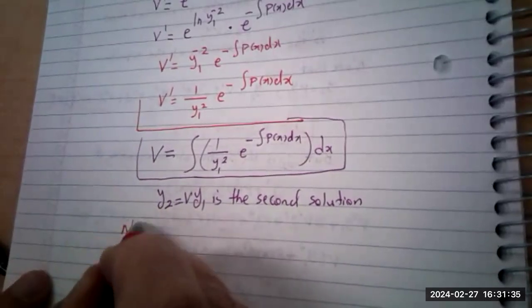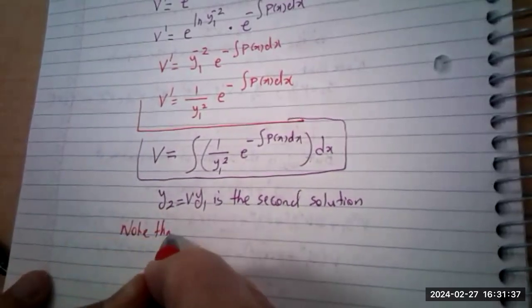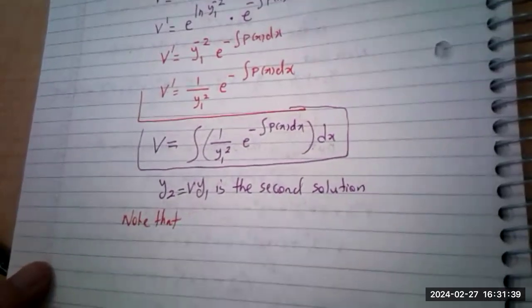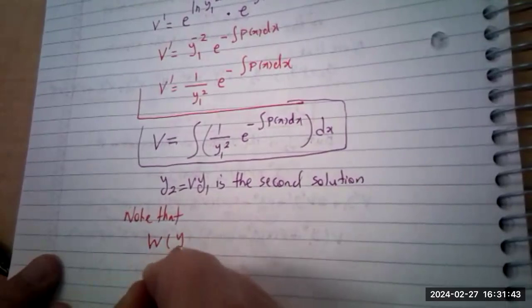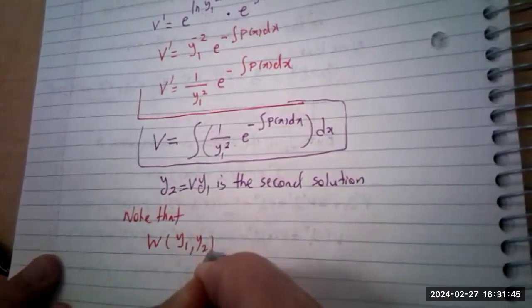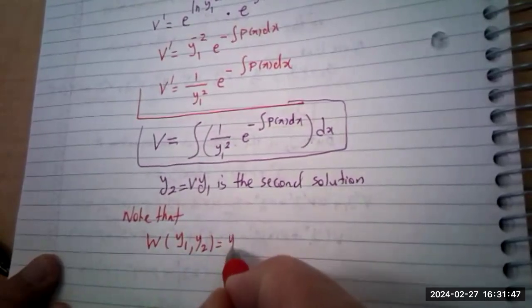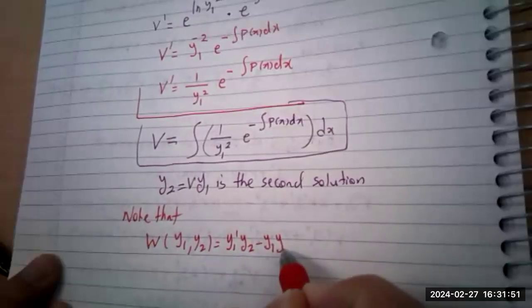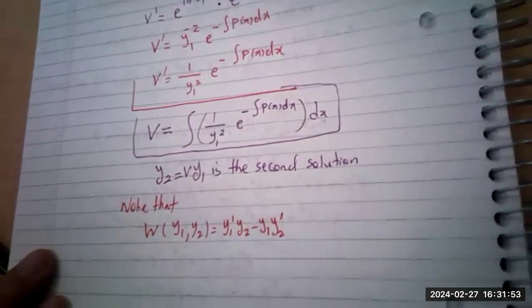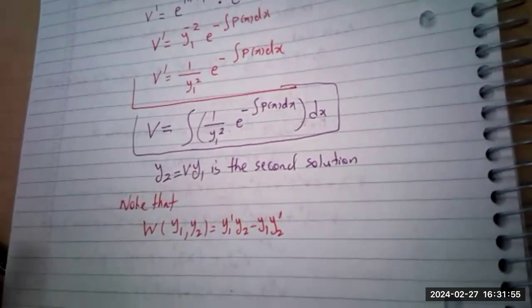So note that, remember the formula for the Wronskian, you can write it in matrix form, or the one that was suggested the other day: y1 prime y2 minus y1 y2 prime. That's going to be the Wronskian, or in matrix form.